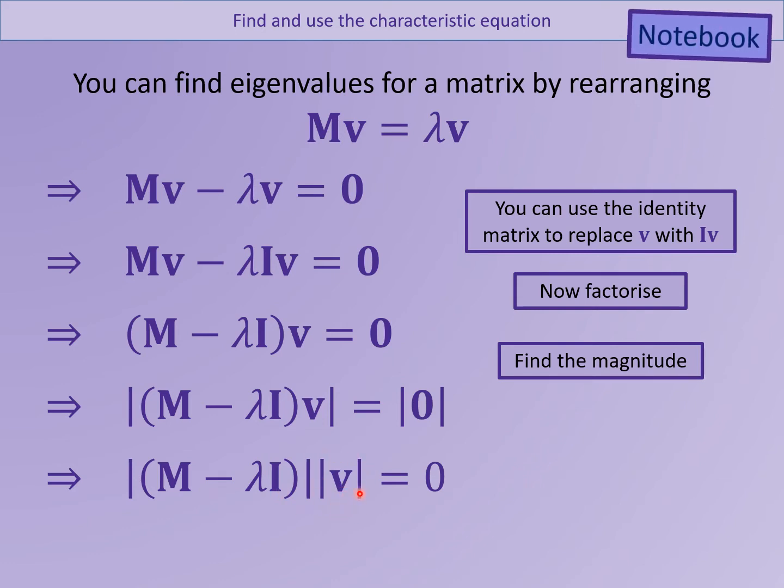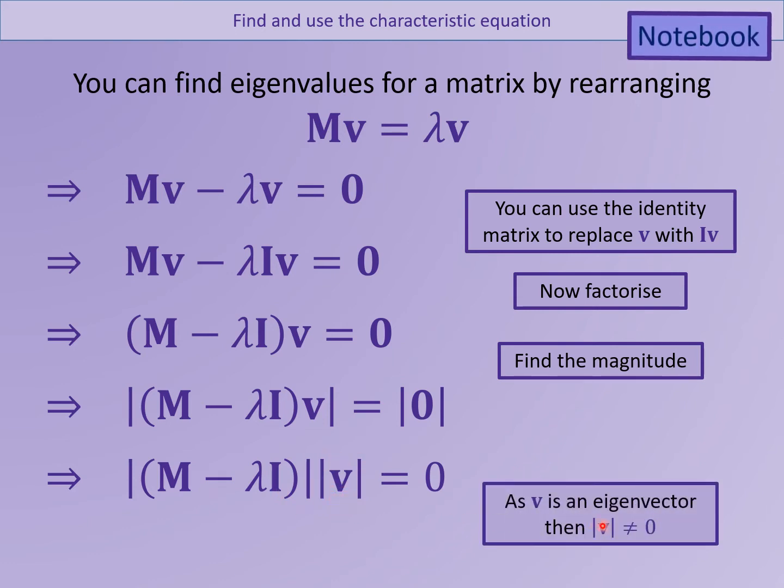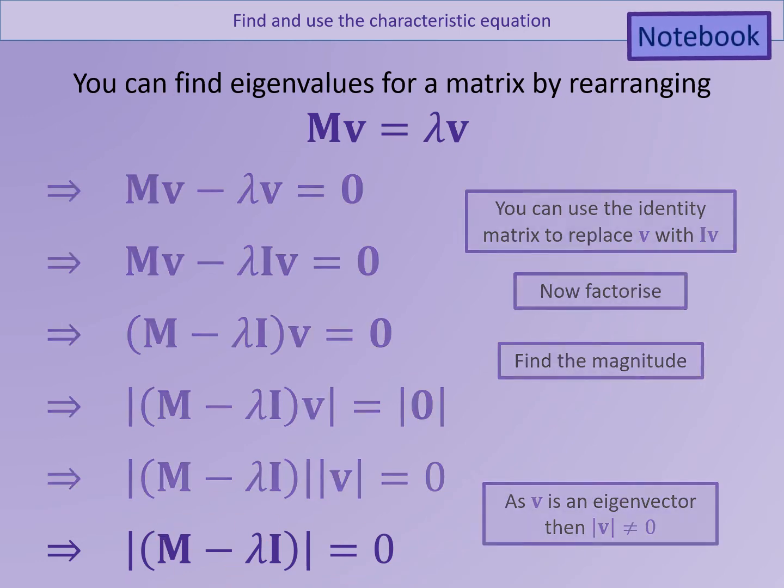We know that v can't be equal to 0, because it is an eigenvector, and an eigenvector can't, by definition, be equal to 0. It has to have some sort of magnitude, some sort of direction. So that leaves us with the fact that the determinant of M minus lambda I is equal to 0. Now this equation just here is a really important equation, and it's what's called the characteristic equation.